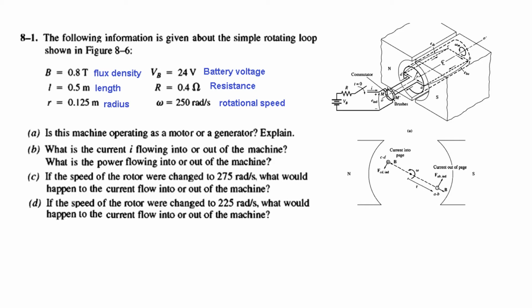So let's take the first part, or part A. Is the machine operating as a motor or a generator? Let's see. First of all, we'll find the induced voltage inside the machine, and this is the formula that has been derived in equation 8.5, and from that we can write it as 8.5a.